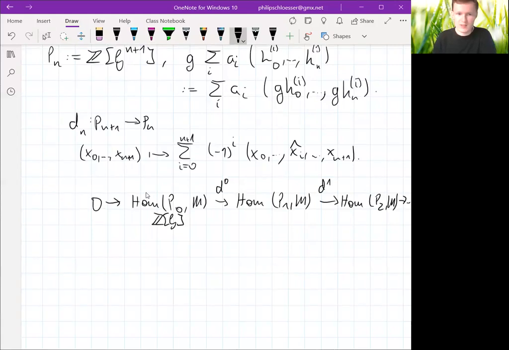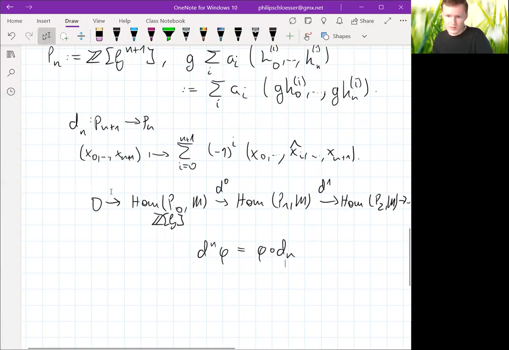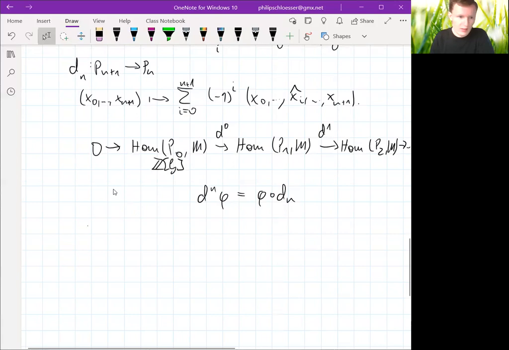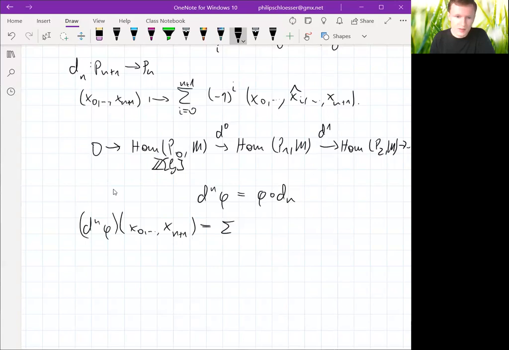And what this map does is just Dn of some homomorphism phi is just phi composed with Dn downstairs. So in particular, Dn phi evaluated at x0 dot dot dot xn plus 1 is equal to an alternating sum of phi with those tuples inserted.